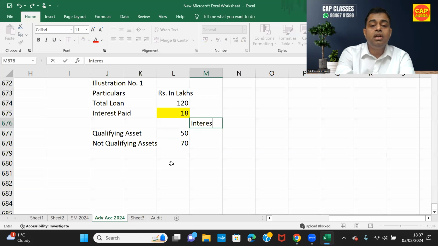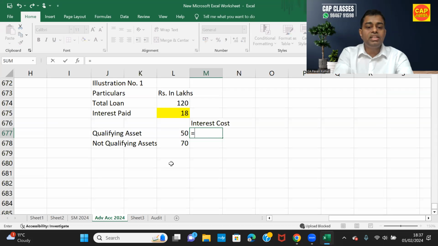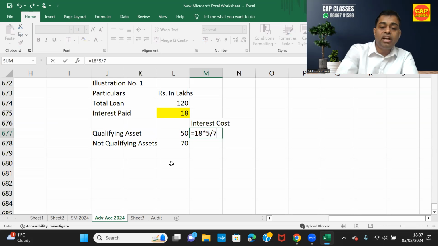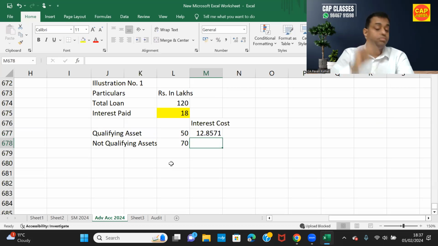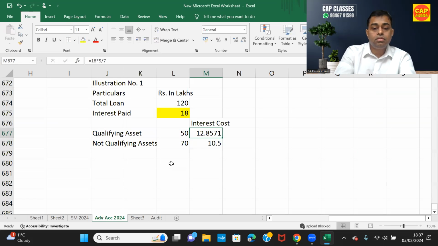So I'm calculating interest cost proportionately. I have incurred 18 into 5 by 7, no wait, 5 by 12.